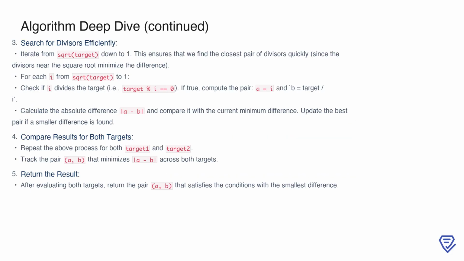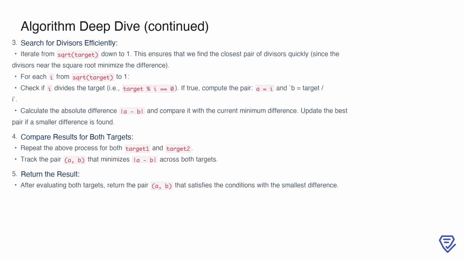To efficiently find the closest divisor pairs, we start by iterating from the square root of the target down to 1. This approach ensures that we quickly identify pairs with minimal differences because divisors near the square root tend to be the closest. For each divisor i in this range, we check if i divides the target without a remainder. If it does, the corresponding pair is a equals i and b equals target / i.